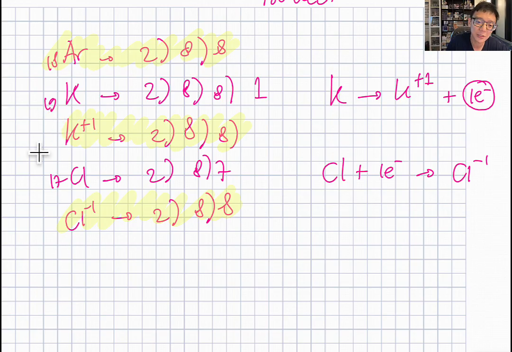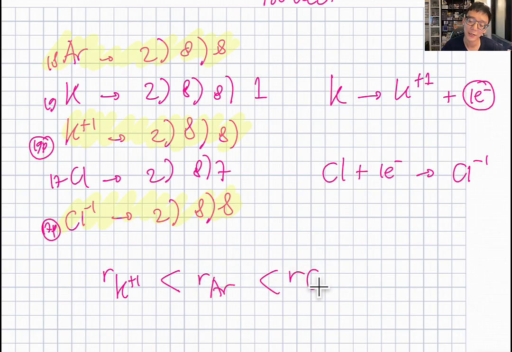Potassium still has 19 protons, and Cl has 17 protons. The larger the nuclear charge, the larger the attraction force. Therefore, the potassium plus 1 ion has more attraction force, so it will be the smallest. So the order is potassium plus 1, then argon, then Cl minus 1 ion.